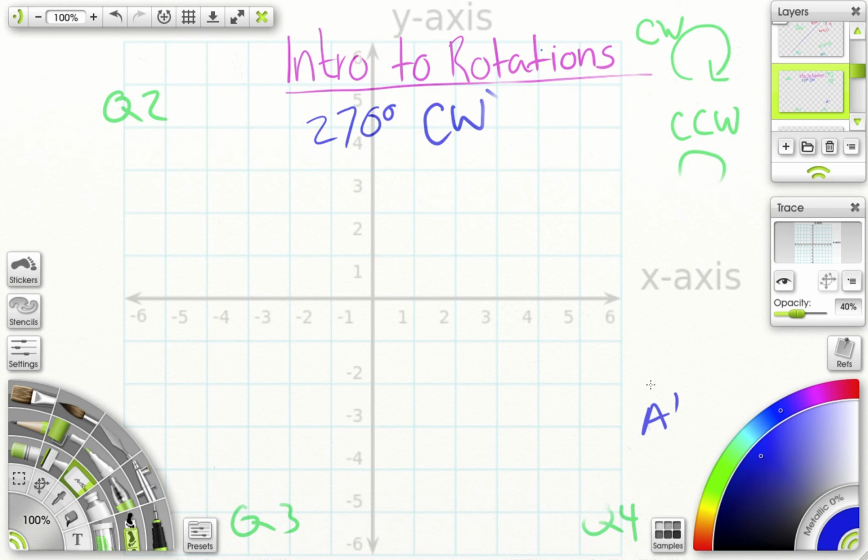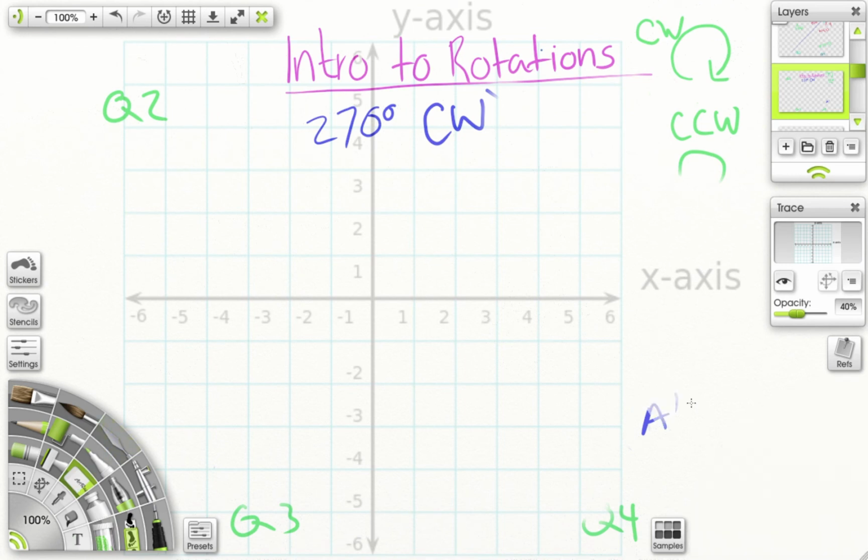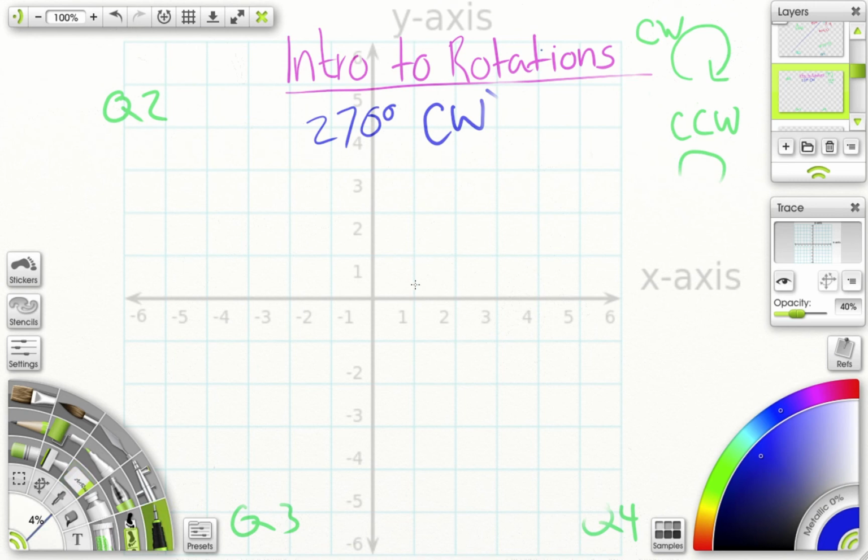So let's do 2 more examples. Let's say I have b, which is -5, 2. It's telling me to do a 180 degrees rotation.